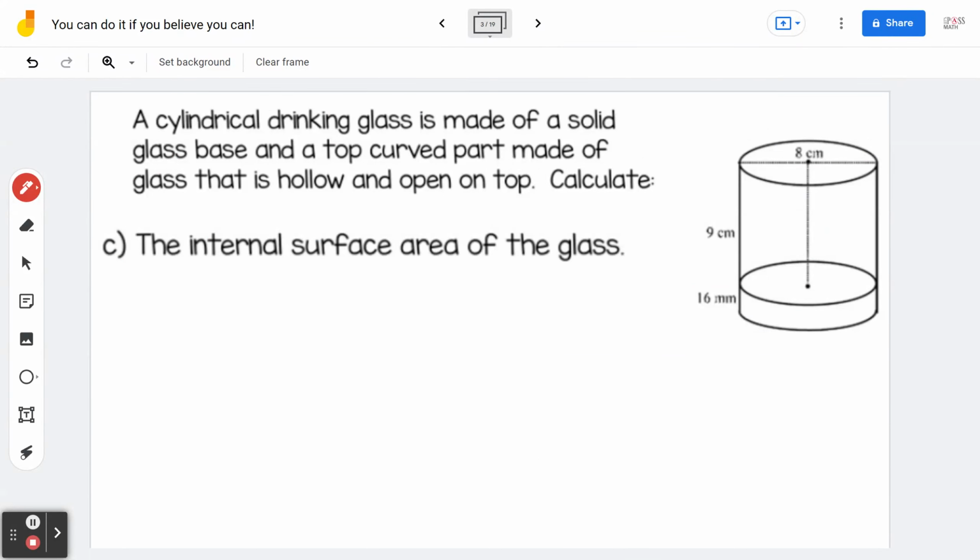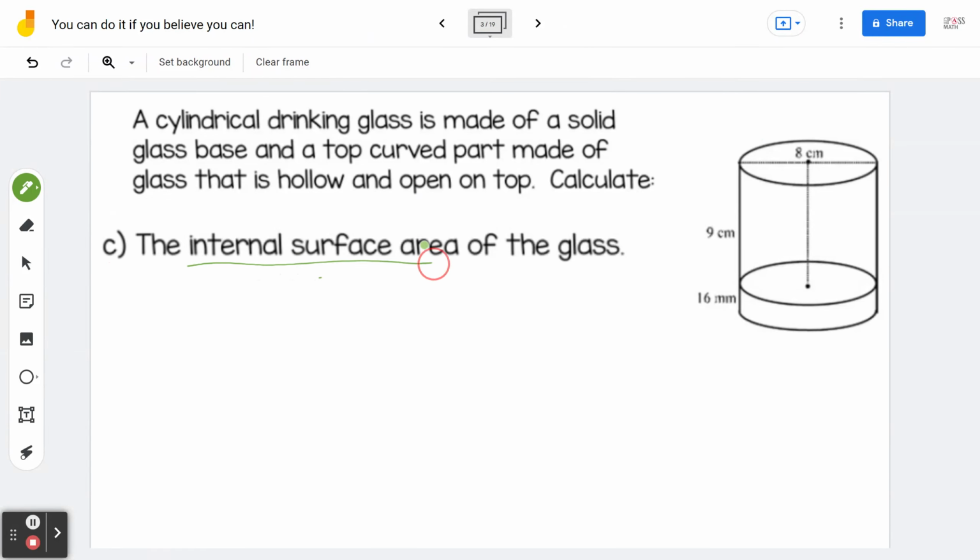One more part. Part C, calculate the internal surface area of the glass. Now, this is a tough one because is it asking for the internal surface area of the entire glass, or the internal surface area of the part that you're going to be drinking? Let me switch colors for you.